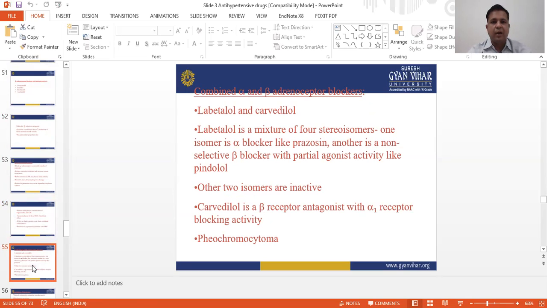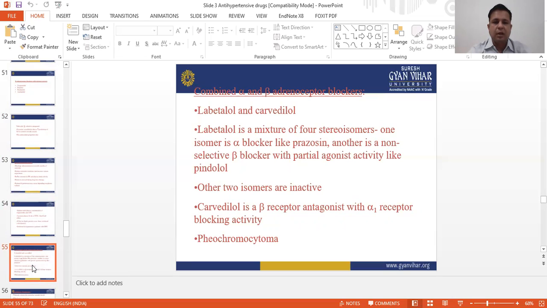Combined alpha and beta adrenoreceptor blockers: labetalol, carvedilol. Labetalol is a mixture of four stereoisomers. One isomer is an alpha blocker like prazosin, and one is a non-selective beta blocker with partial agonist activity like pindolol.